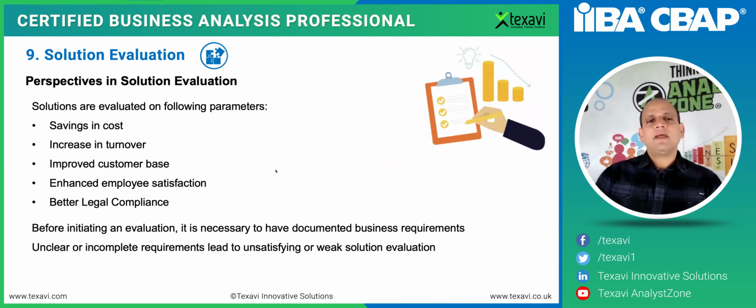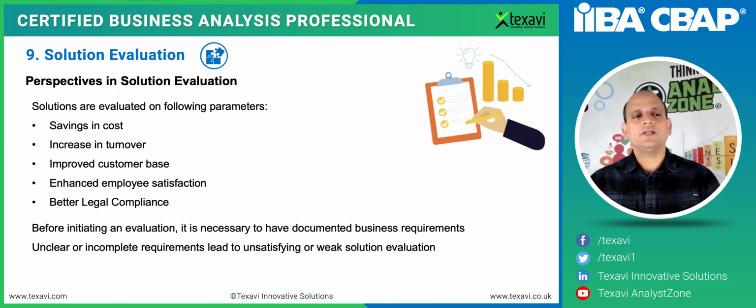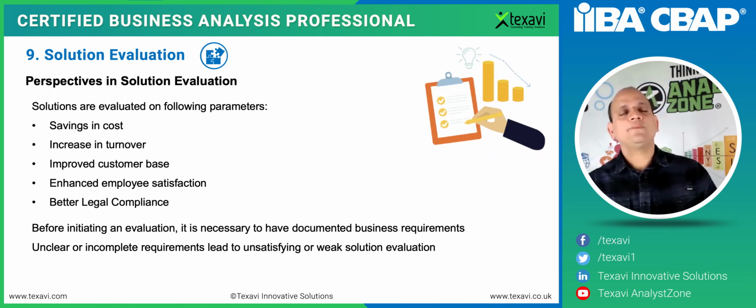In terms of the different perspectives for evaluating the solution, you've got the savings in cost. Cost is a significant parameter to consider when you talk about larger enterprise-wide solutions. One aspect is how much savings in cost you could accomplish when you look at alternative solution options. Then, how much turnover increase could be achieved?